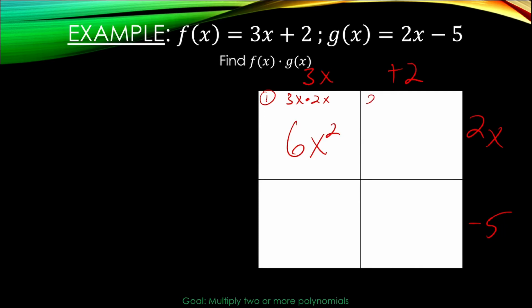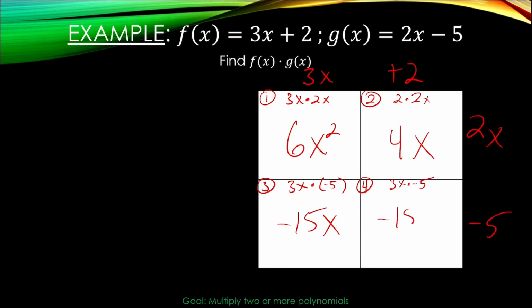For this second box, I'm going to have a positive 2 times 2x, which gives me 4x. This third box, I'm going to have 3x times a negative 5, which gives me a negative 15x. And then in this fourth box, I'm going to take 3x and multiply it by a negative 5, which gives me negative 15x.